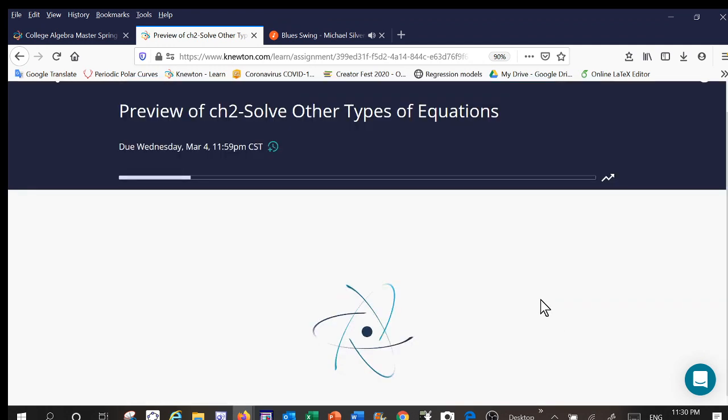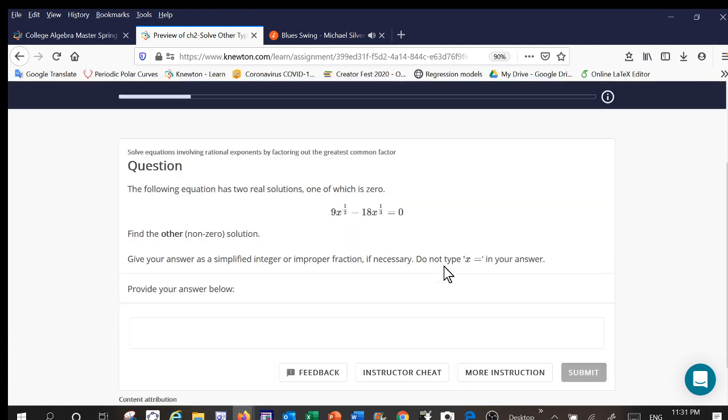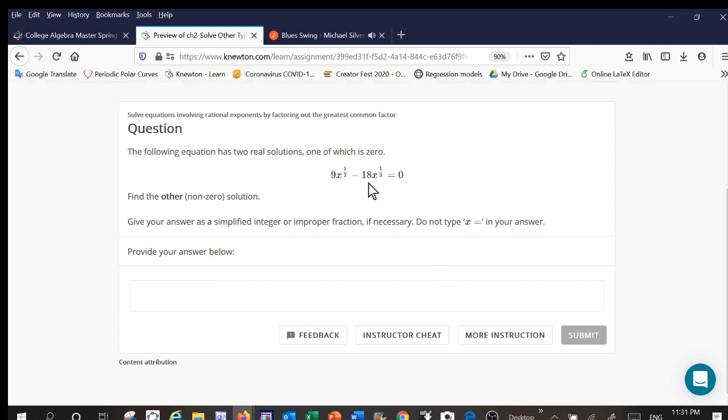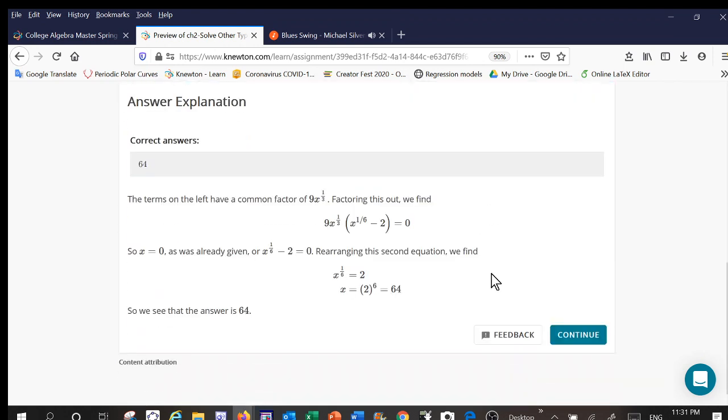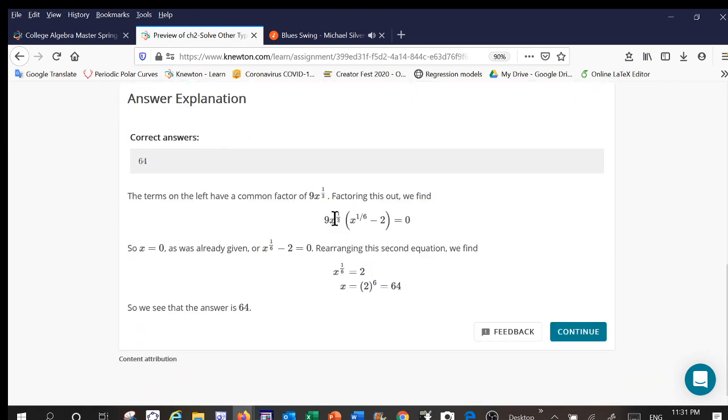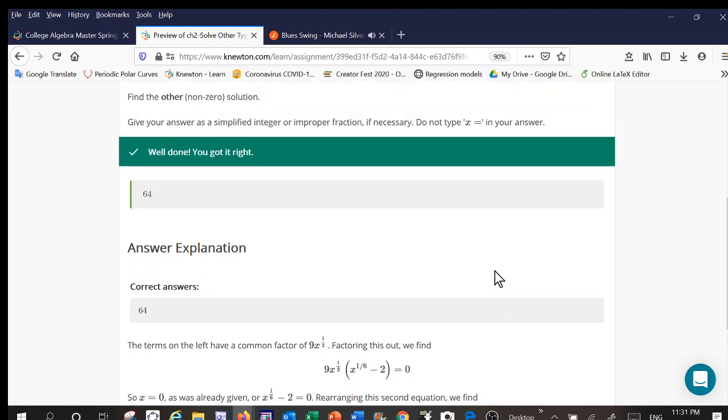What else? This is similar to what we just did. So you're going to take, which one of these fractions is the smaller? 1/3 is the smaller. So you can take x to the 1/3 out of this. Let me show you.